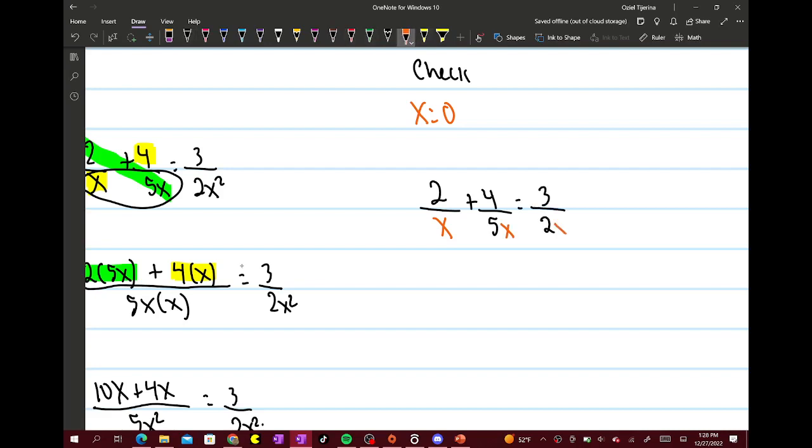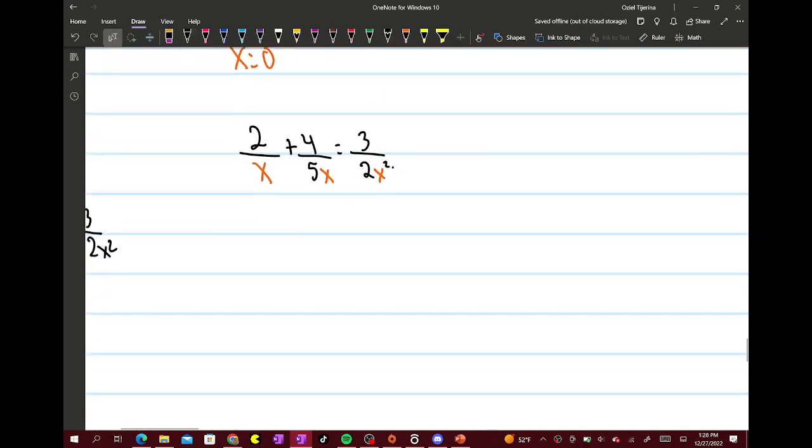And we're going to plug in x equals 0. So we have 2 over 0 plus 4 over 5 times 0 is equal to 3 over 2 times 0 squared.